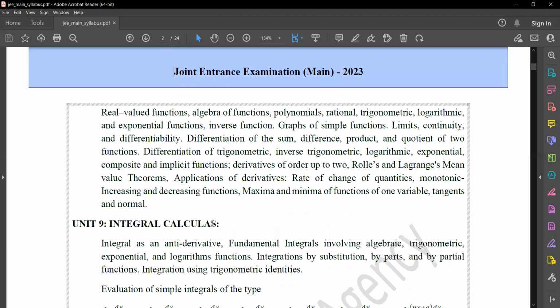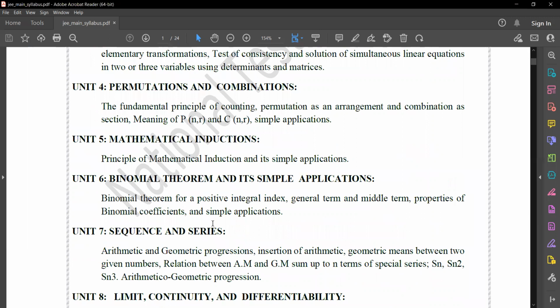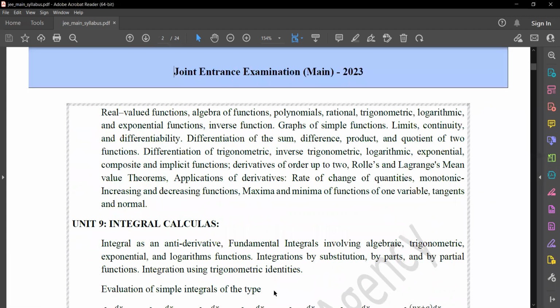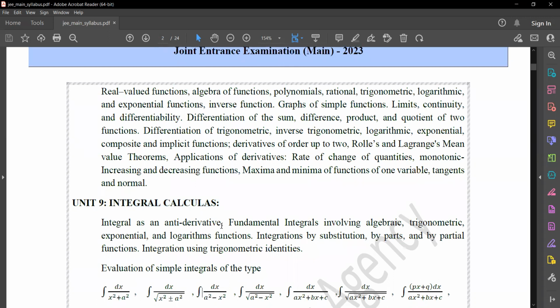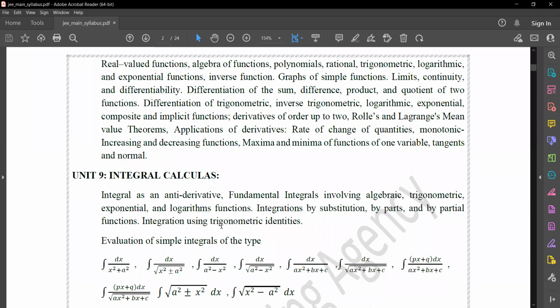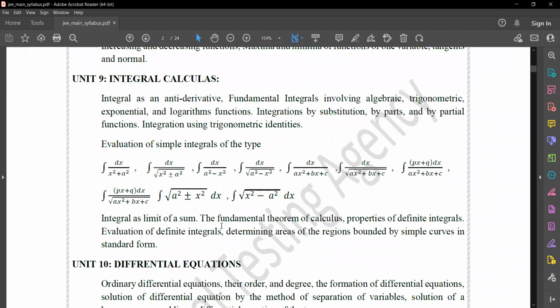These are the limit, continuity and differentiability, integral calculus, which calculus will come also, the forms are given.